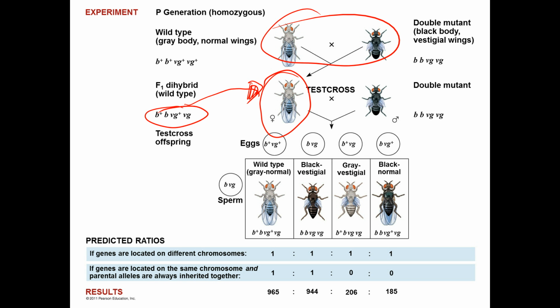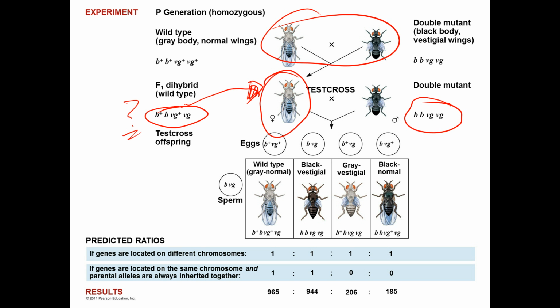If you recall what exactly a test cross is, you're mating your fly with an unknown genotype, and let's say we're assuming that we don't know what this is, with another fly that is homozygous recessive for all traits. So black body, vestigial wing for this example.